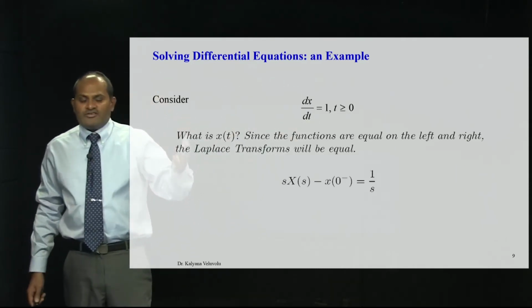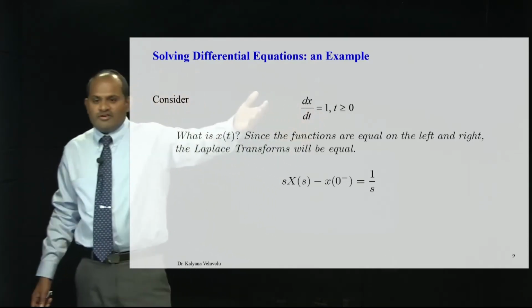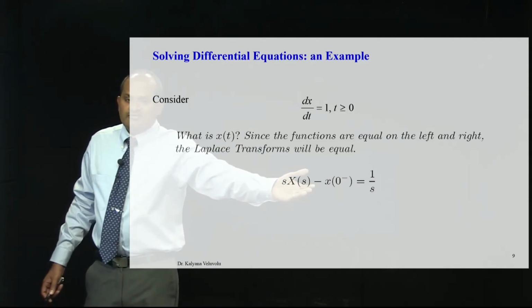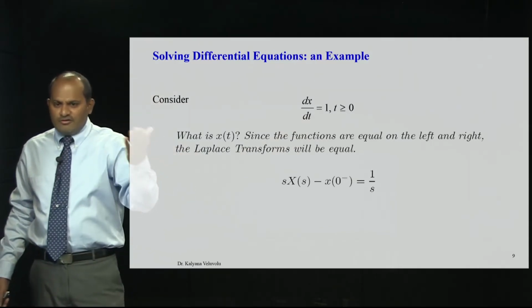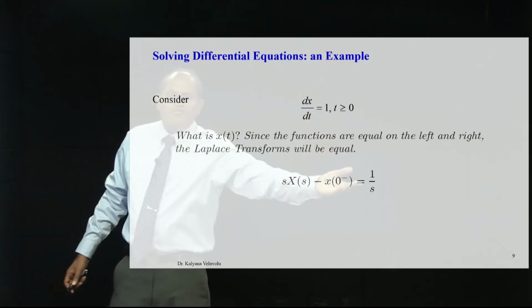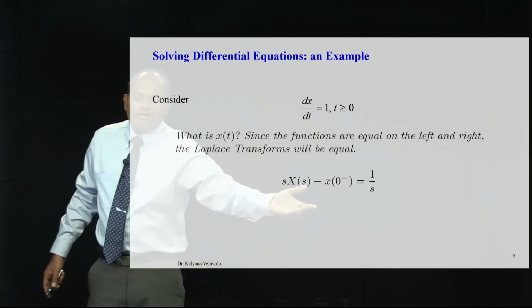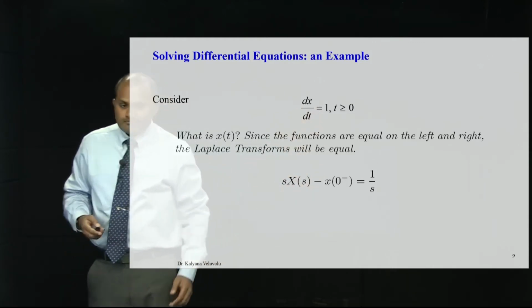You see it is a differential function, a first order differential. So, I get s into x of s minus x of 0, and the Laplace transform of 1, which is like a unit step, will be 1 by s. So, I have this function. This is the frequency domain transformation of this time domain system.